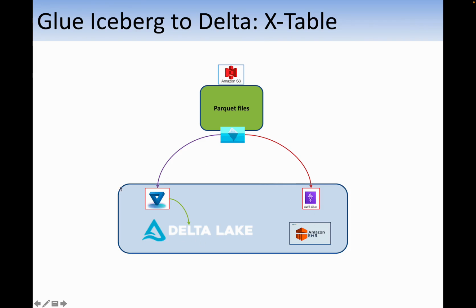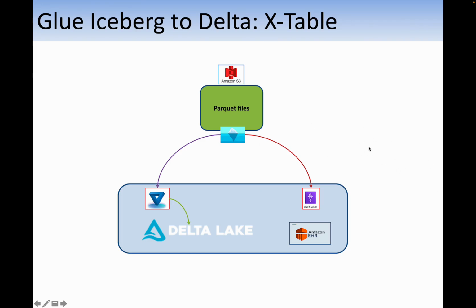So this way another engine can read, which is the Databricks engine. And if you have Databricks creating a Delta table, you can convert it into an Iceberg table. Then EMR can read or Spark can read, right? I'm using Spark as the context here, or you can connect to Snowflake or Dremio or Trino or Cloudera.